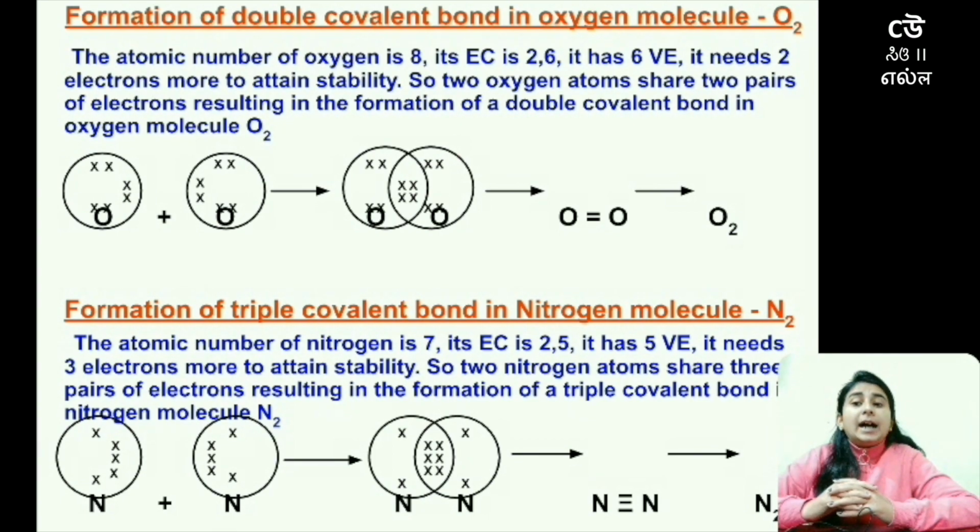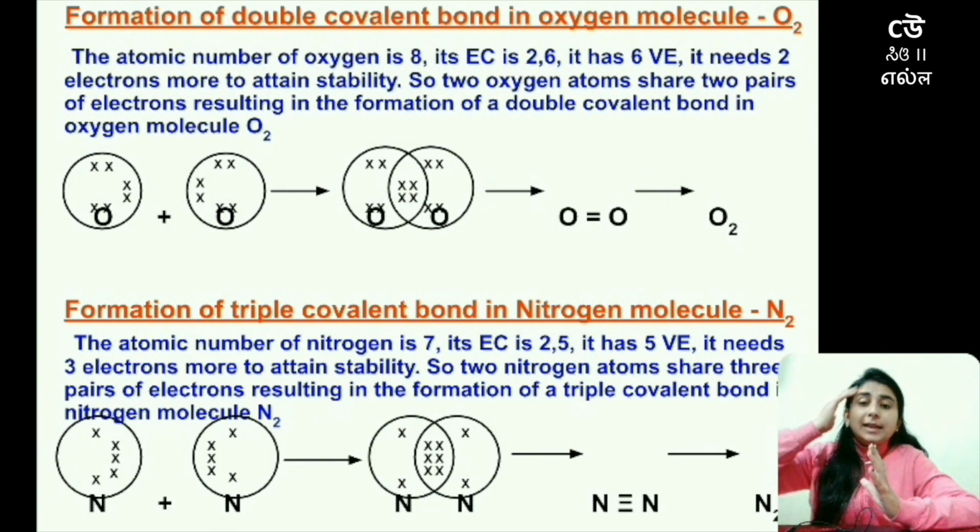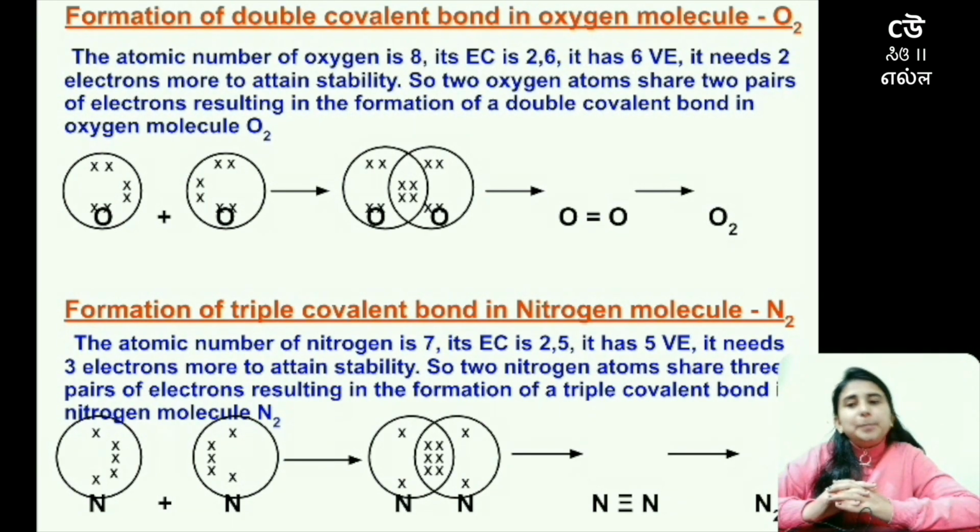Moving on, let's see in which element there is a triple covalent bond. So the best example is nitrogen gas, students. Nitrogen has an atomic number of 7. Electronic configuration would be 2, 5.